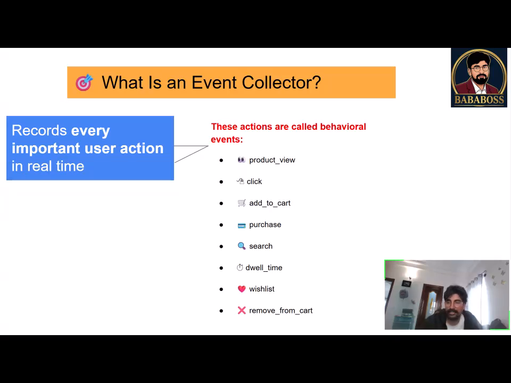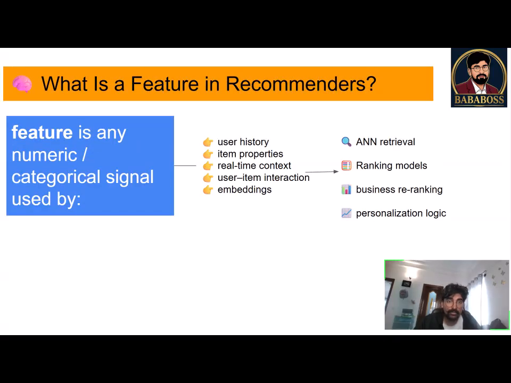Whenever a user comes to any e-commerce platform, it starts collecting information like product views, clicks, add to carts, purchase history, how much time is spent on a particular item search, which correlates with dwell time on the website, and the wish list. If the user adds some items, removes them, and adds them again and again, that behavior is also monitored and stored. That is called the event generator.